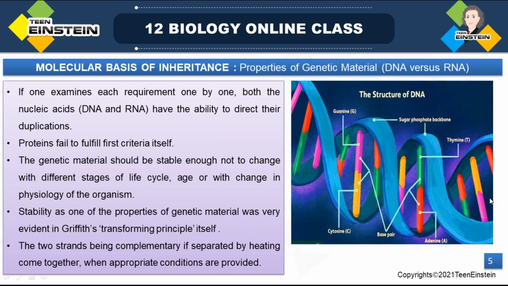Here these bonds will be broken when we increase the temperature or heat. During the PCR reaction, we apply this technology. We give high temperature to break these bonds. Then both strands will get separated, and with the help of the reagents which we add to the chemical reaction, they will get replicated.